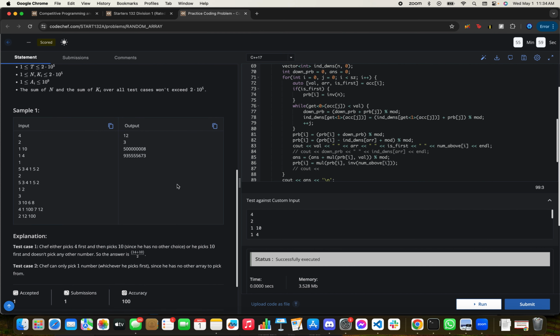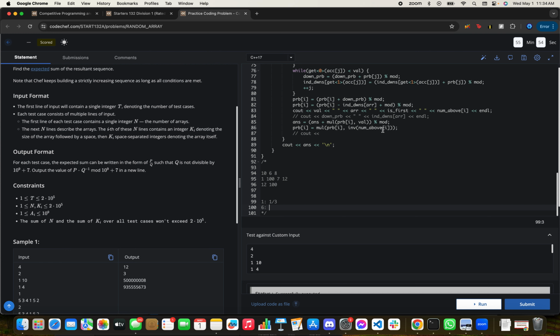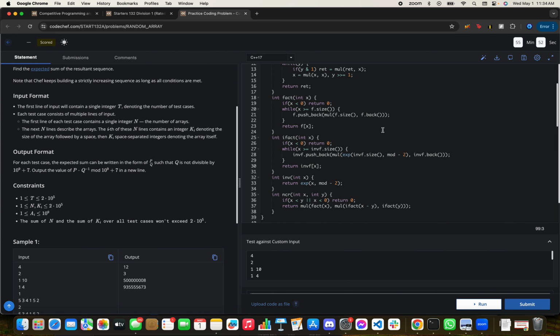Do I have the correct mod? I do have the correct mod, right? 29 plus 7? Yes. Is my inverse formula correct?